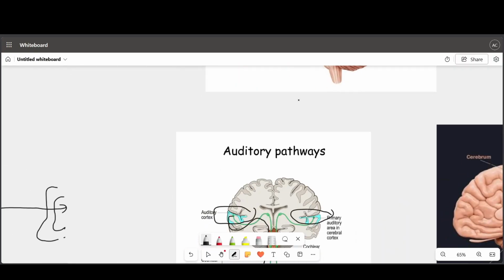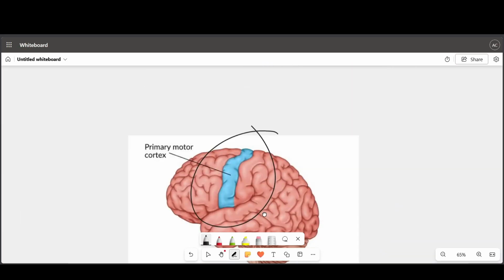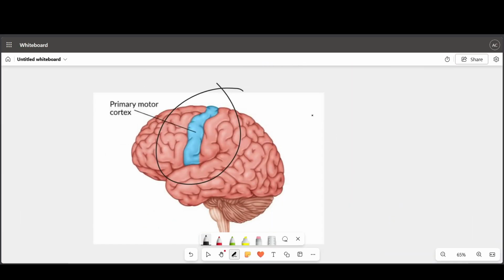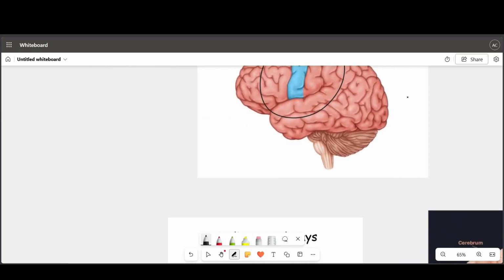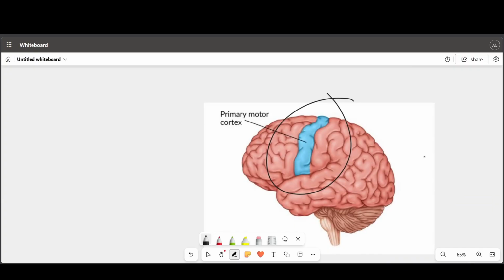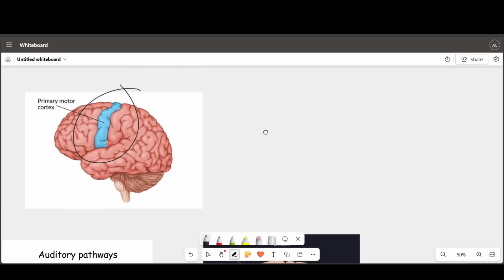It also triggers the motor cortex, and the motor cortex gives signals for your body to move.